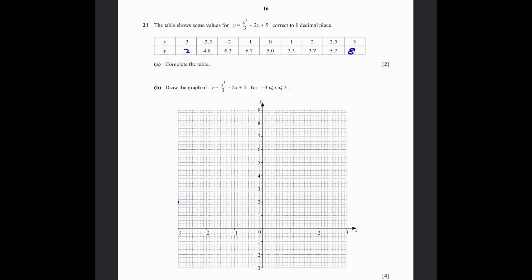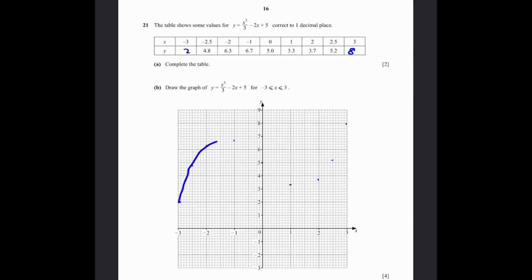Minus 3, 2, minus 2.5, 4.8, minus 2, 6.3, minus 1, 6.7, 0, 5, 1, 3.3, 2, 3.7, 2.5, 5.2, and 3, 8. These are all the points.